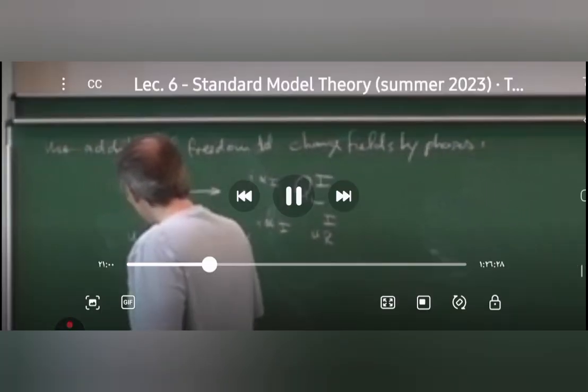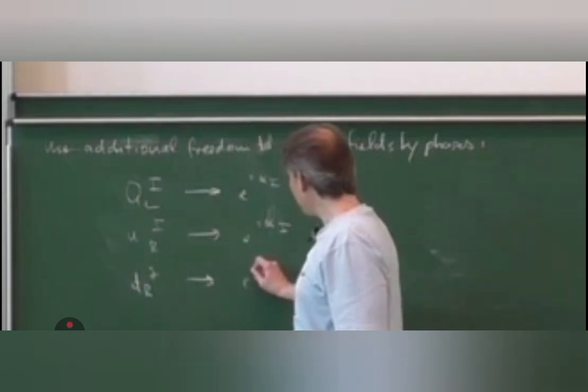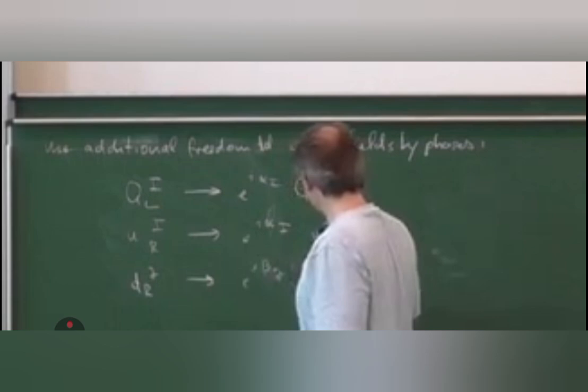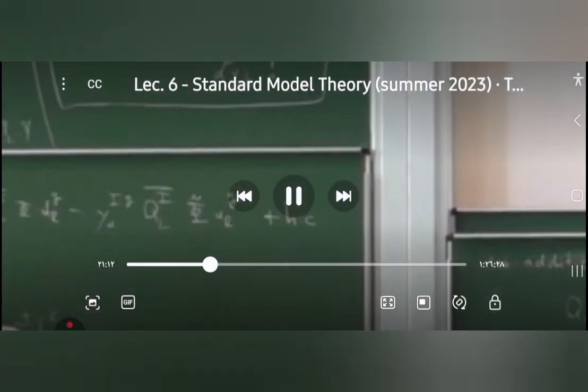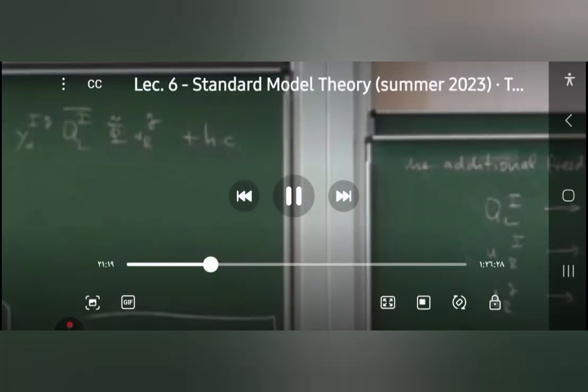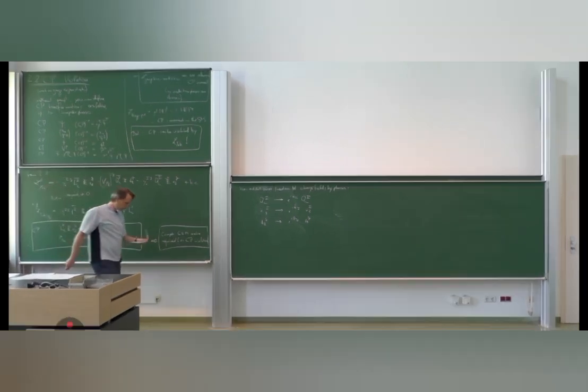But for the down quark fields, D_R,j, we multiply with different phases. Then again, all the kinetic terms do not change under this phase transformation, but what changes is now the CKM matrix. So this change is equivalent to a change of the CKM matrix.